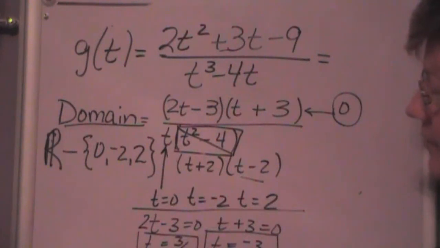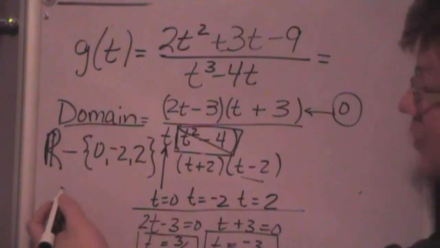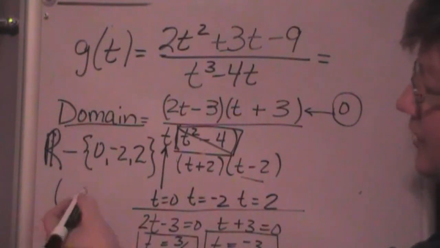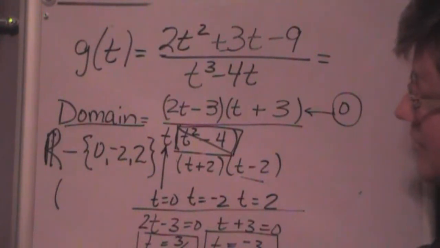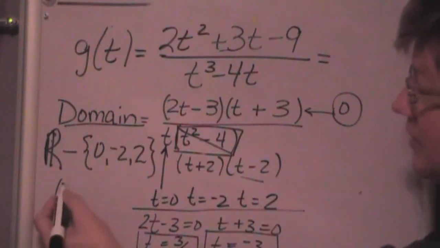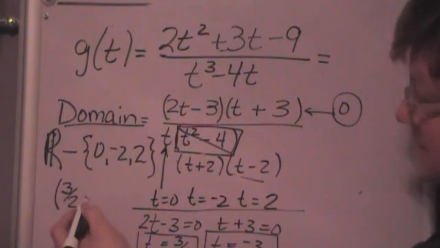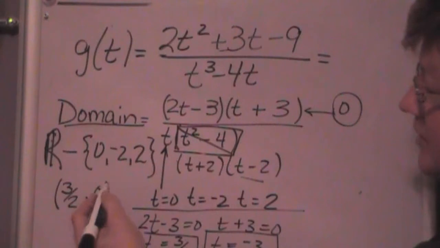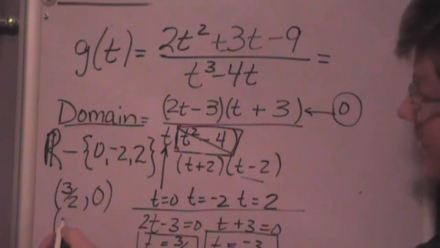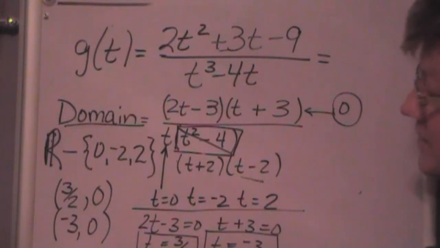If you wanted to put them in point notation as points, and if this were an x and y, this would be your x value, so it would be 3 halves, your abscissa, and your ordinate would be 0, or negative 3, 0, and those would be the zeros. Otherwise, you could just leave it like this if they just ask for zeros and it's not an x and y.